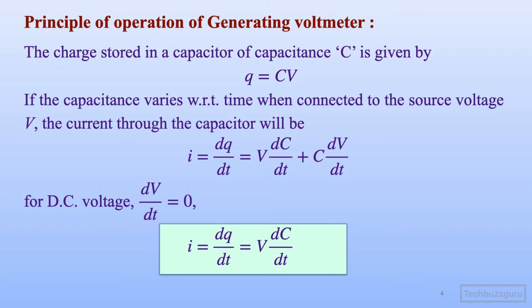So this is the primary equation which will be used for the operation of generating voltmeter, that current measured by an ammeter is directly proportional to the voltage, and the constant of proportionality will be the time rate of change of capacitance. The time rate of change of capacitance can be achieved by a special arrangement that we are going to see at a later stage. That's a specific advantage of this particular method.